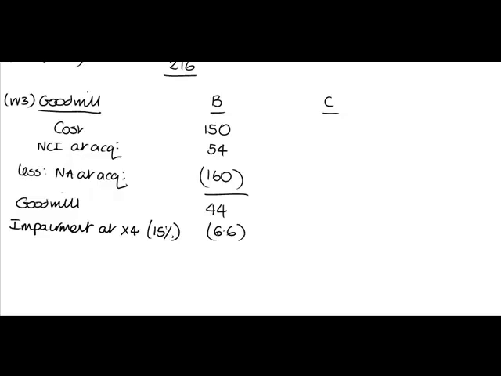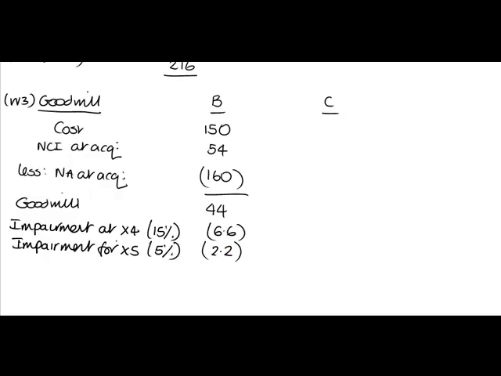So that will have reduced goodwill by 6.6. And at the 30th of April X5 had lost a further 5% of the original value. So our impairment for X5 is 5%, which is a further 2.2.